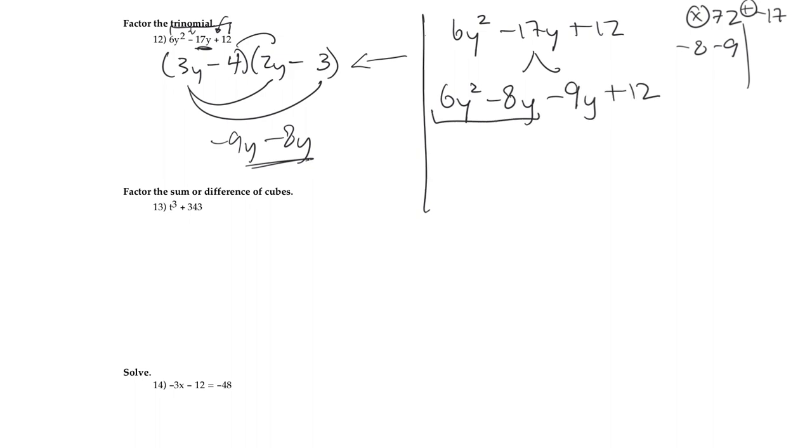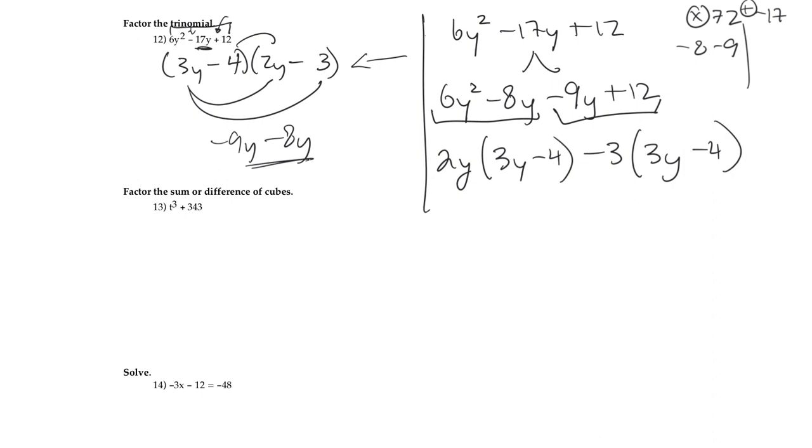And then I'll do group factoring. Out of the first two, I think I can take a y, leaving me with 3y minus 4. The next one, I can take out a negative 3, leaving me with 3y. 12 divided by negative 3 is a negative 4. Okay, now this term and this term, they each have a 3y minus 4. And then I'd be left with 2y minus 3.